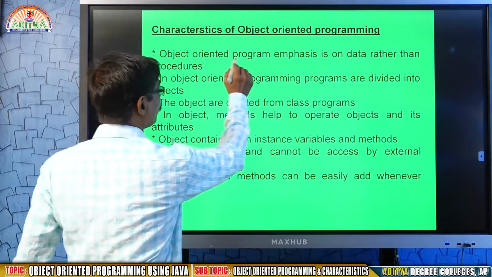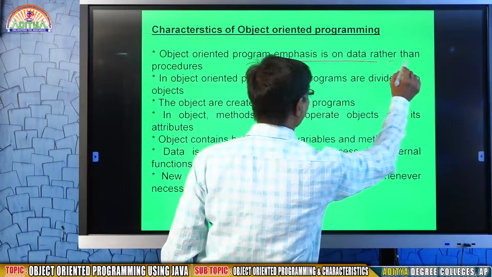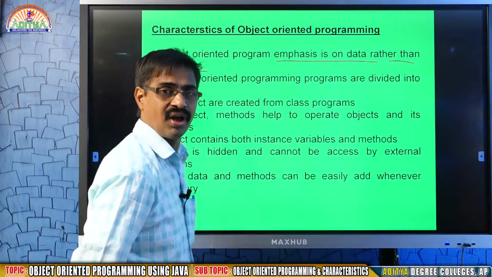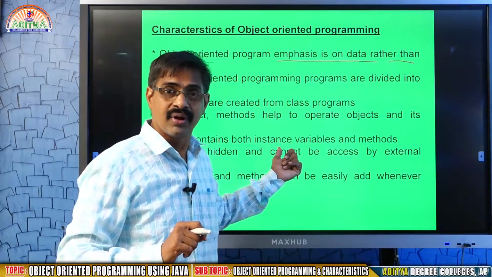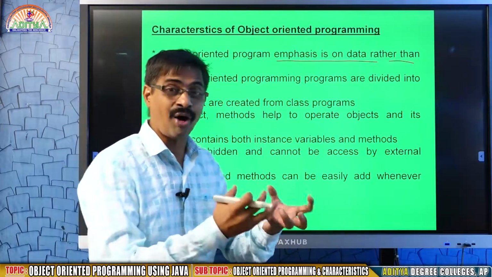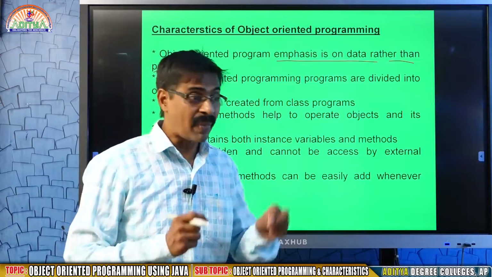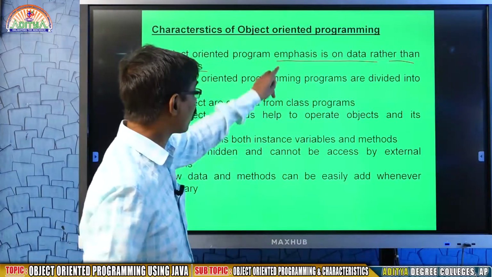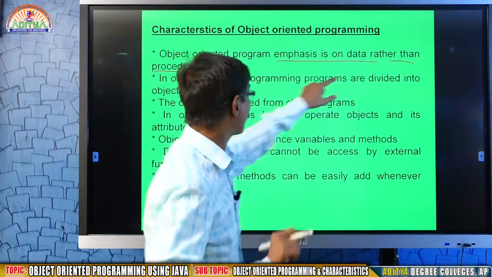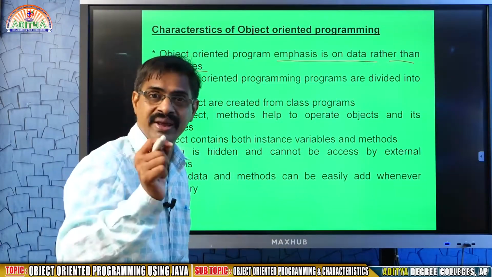So object-oriented programming emphasis is on data rather than procedures. How smart you are writing the code is not important in an object, but how smart my object is secured, so that my data is never seen by others. So it concentrates on data, but structure programming concentrates on coding.